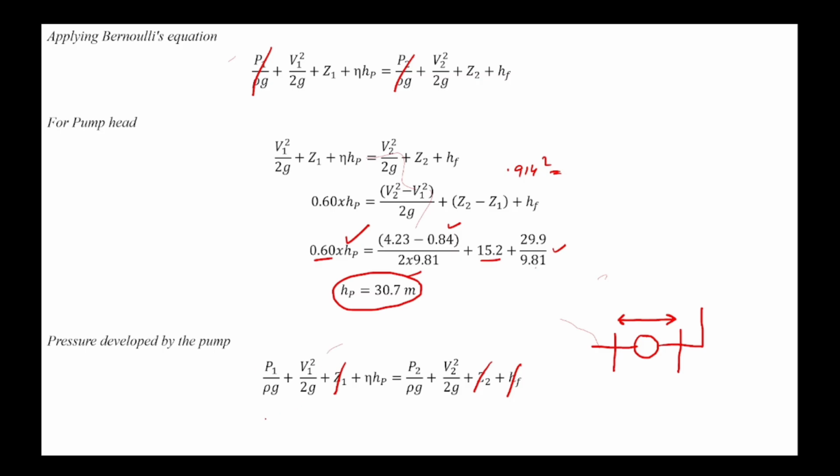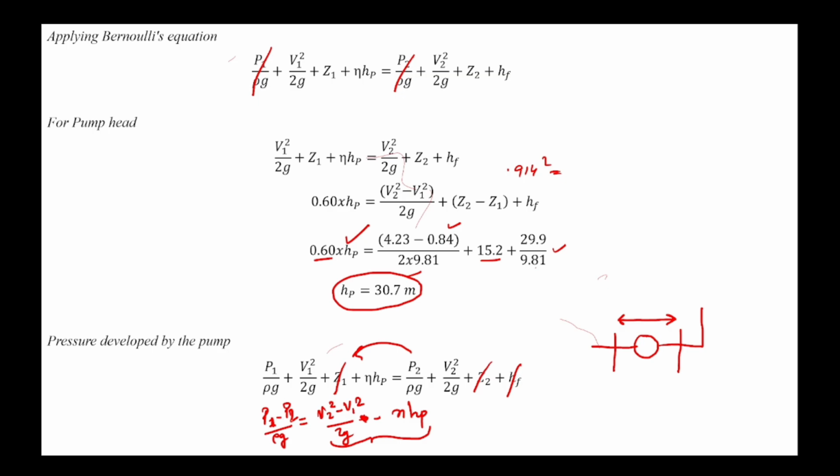P2 minus P1 will be the ultimate pressure developed by the pump. So, okay, P2 minus P1 divided by rho g will be equal to V2 square minus V1 square by 2g minus efficiency into pump head, right? Because this will cancel out, if I take this to this side, this will become P1 minus P2, and this whole term will come in negative.